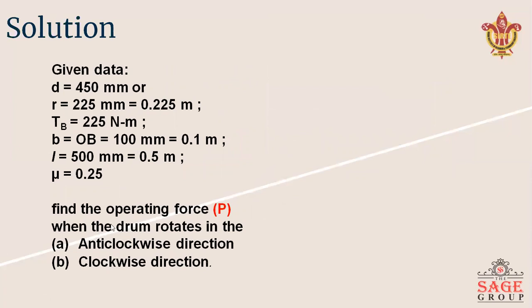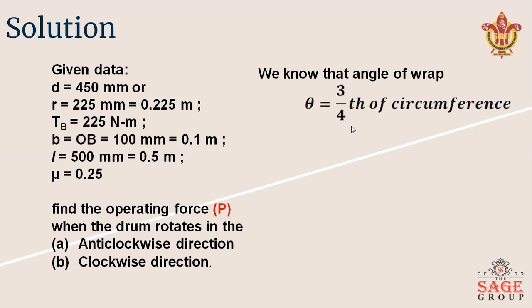So we have to calculate the operating force P when the drum rotates in anti-clockwise direction and clockwise direction. We know that the angle theta is equal to 3/4th of the circumference, that means 360 degrees. So theta is equal to 270 degrees, and changing this into radians, theta is equal to 4.713 radian.